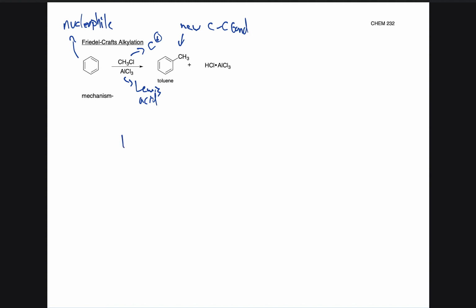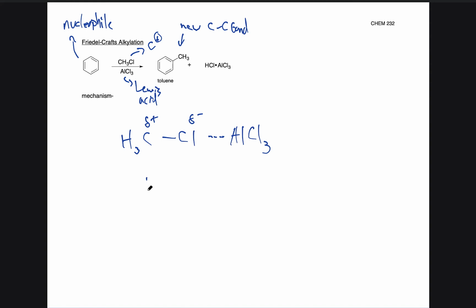The mechanism for this, like many others we've already seen, has the chlorine on the chloromethane coordinating to the Lewis acid, making the carbon more partially positive and the chlorine more partially negative.